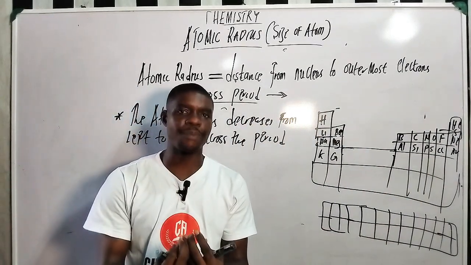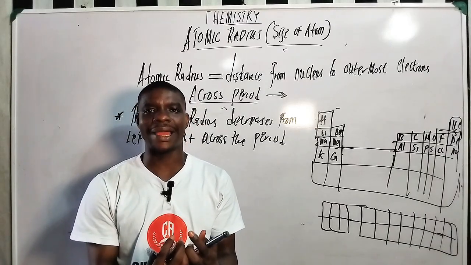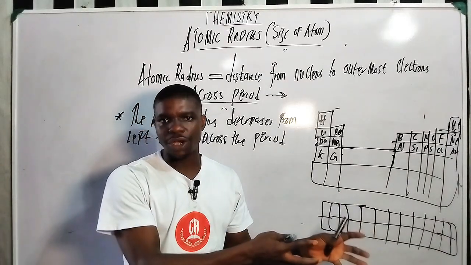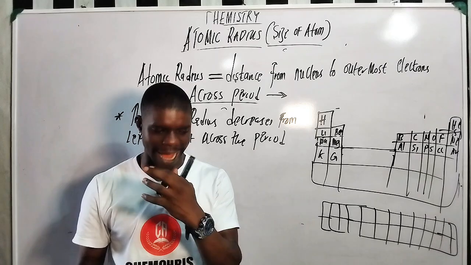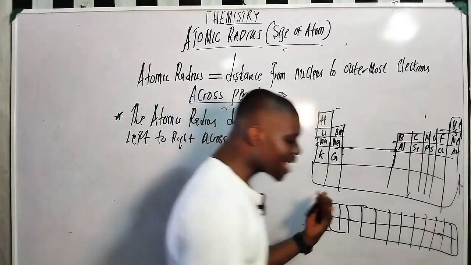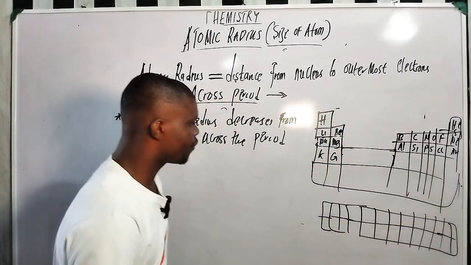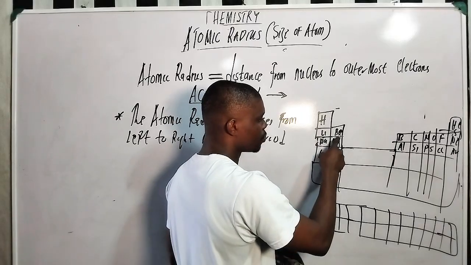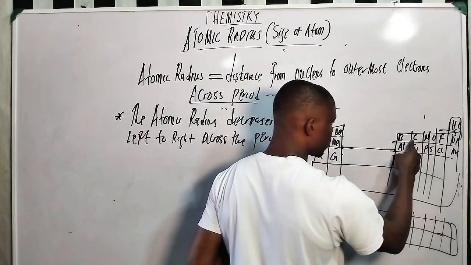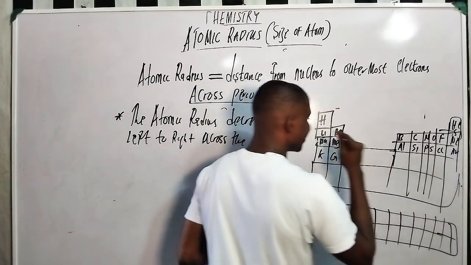But most students make the mistake of not knowing how to arrange it in ascending order or descending order, and I will explain that to you here. If you look at lithium to beryllium to boron to carbon to nitrogen to oxygen to fluorine, what happens here?